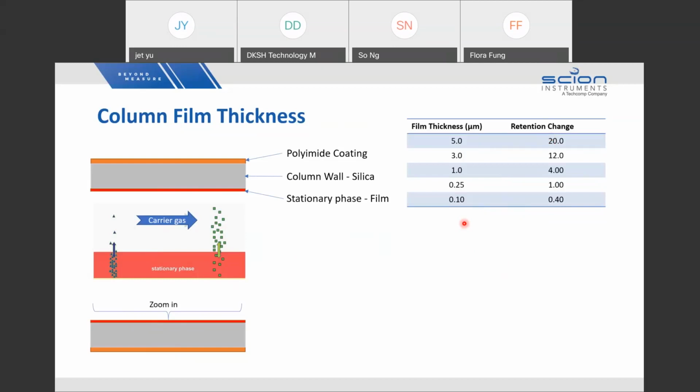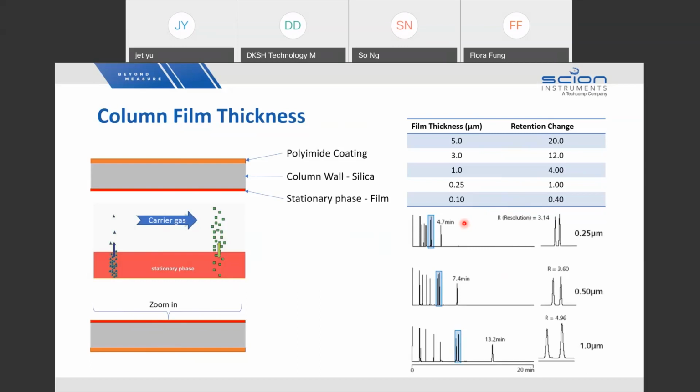When you choose narrow ID columns, manufacturing is more difficult, because they need to pump the polymer solution through the column and dry the polymers before delivering to customers. With a narrow ID, the solution is not easy to pass through.